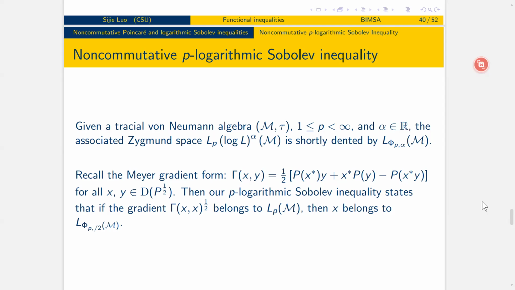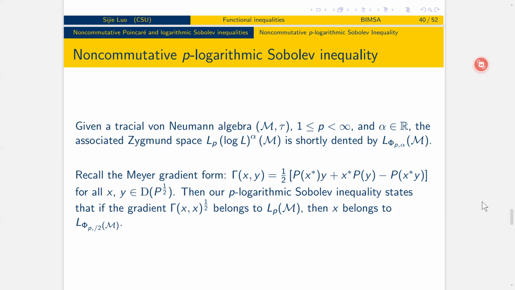Now M here is a tracial von Neumann algebra, and p is bigger than 1 and strictly smaller than infinity. And alpha is a real number, and this one is called the Sigma space, and we will use a shorthand notation here. It's the space generated by a function like t to the power p and log t with power alpha.